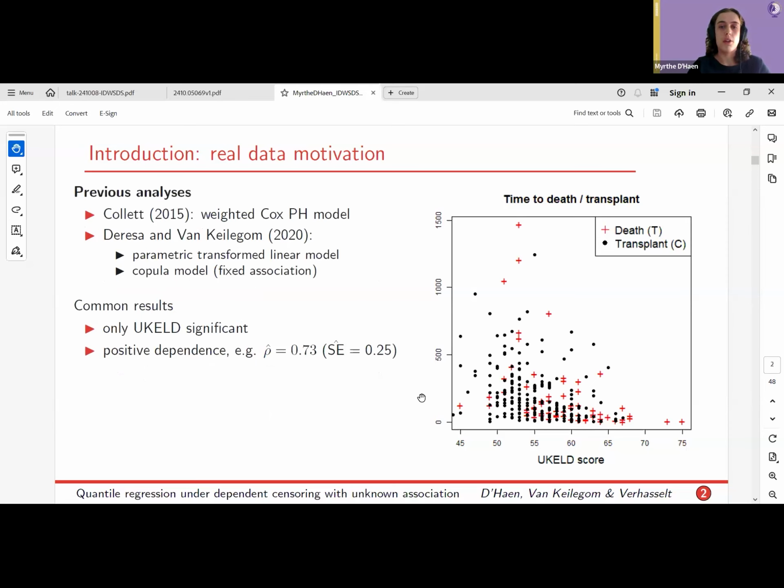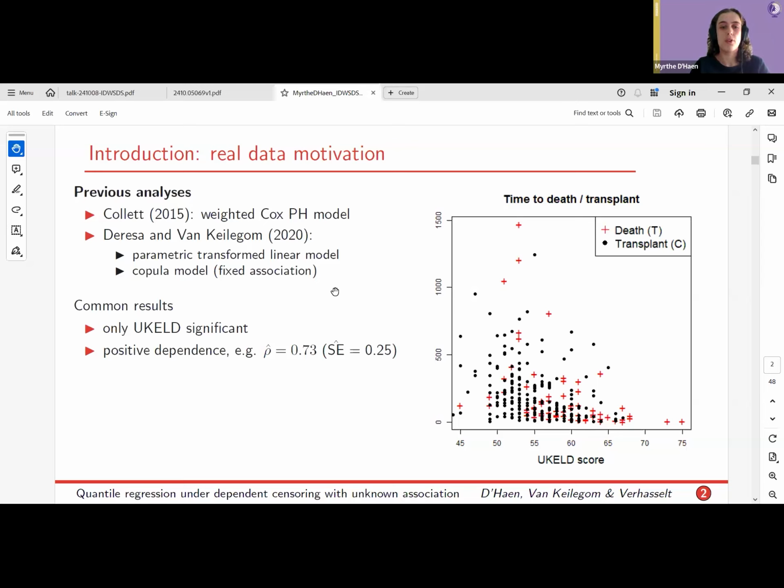As I said, it has been analyzed before. It has been done using a weighted Cox proportional hazards model. And in a more recent paper, two other models were studied. One of them was a copula model like the one that we will be using, but their association was still fixed.